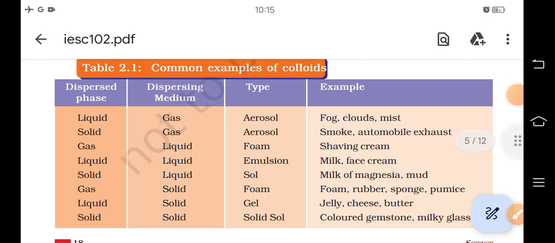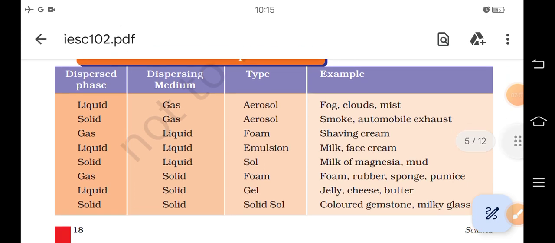Dispersed phase, dispersing medium, type, example: liquid, gas, aerosol: fog, clouds, mist. Solid, gas, aerosol: smoke, automobile exhaust. Gas, liquid, foam: shaving cream. Liquid, liquid, emulsion: milk, face cream.